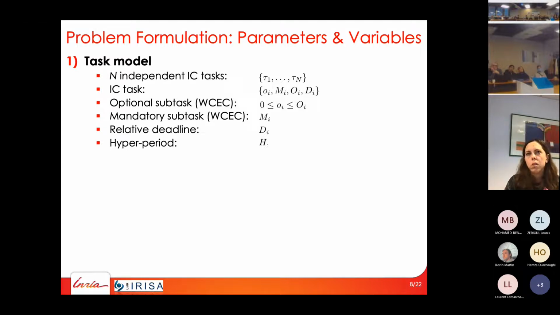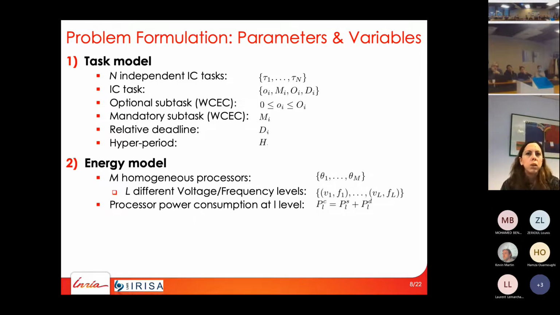When we have 0, it means that the optional subtask is not executed. And capital O_i is the worst case execution cycles that we can have for the optional subtask. M_i gives us the mandatory execution cycles for the mandatory subtasks, and then we have the relative deadline per task and the global hyperperiod.